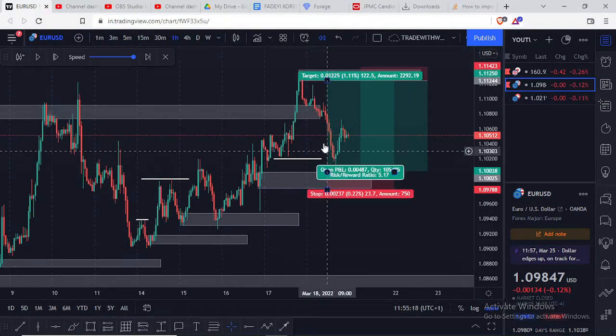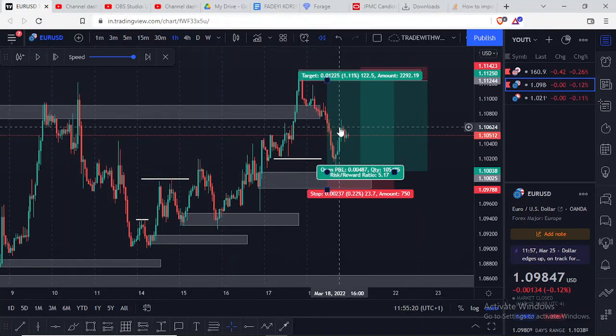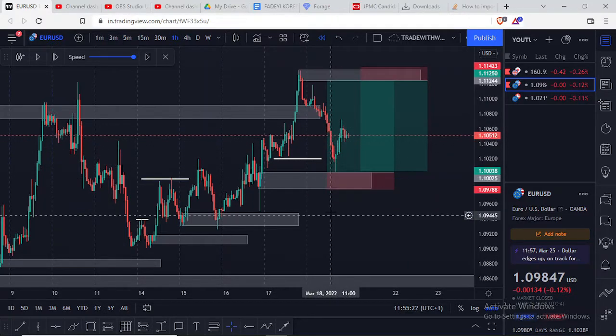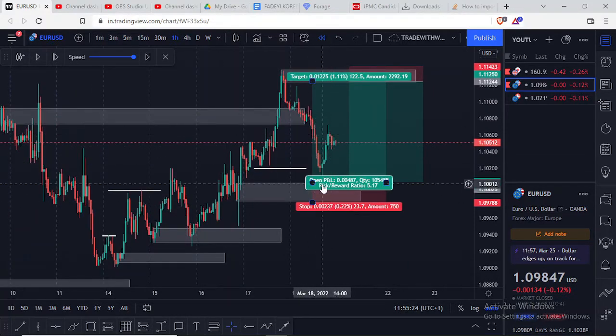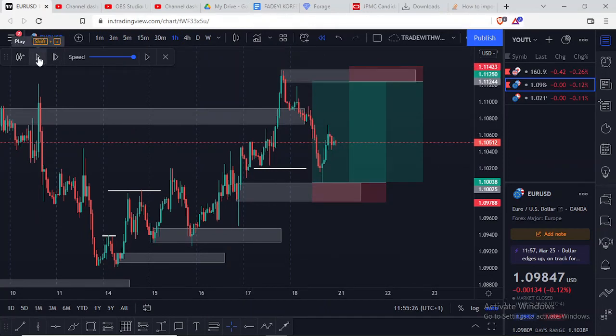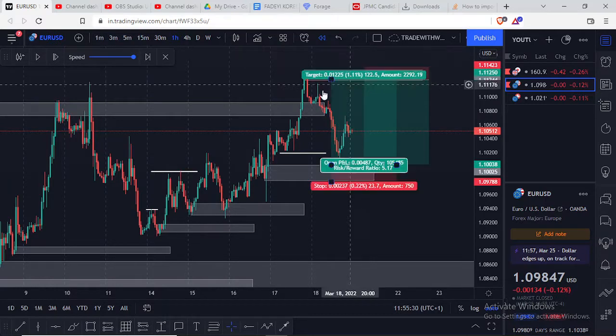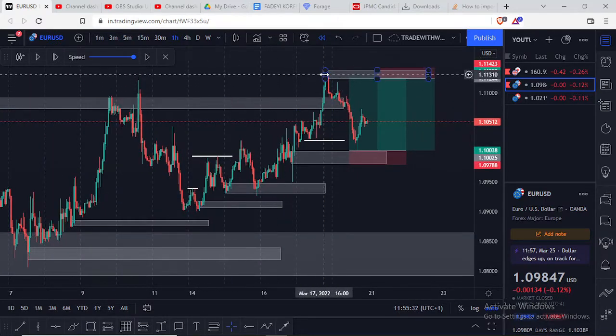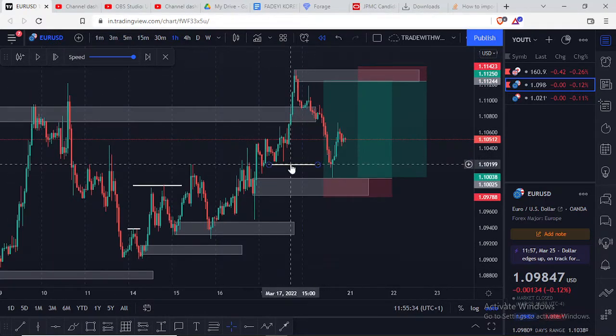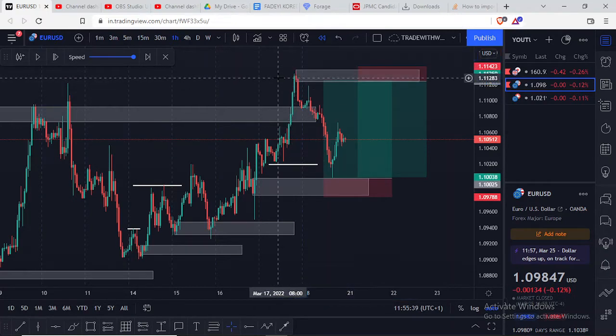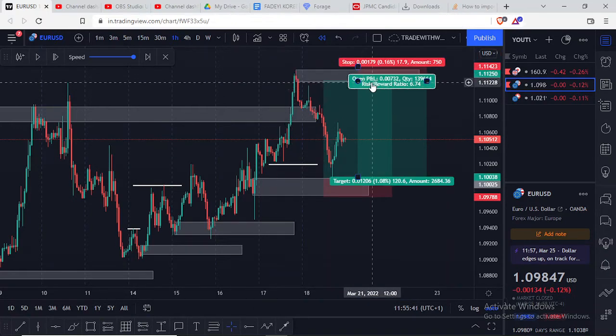So Euro USD had already tapped into this POI, if I remember clearly, last week Friday, and gave us little profits here. So I was expecting that, okay, if markets can buy up to this zone, because we're already outside this supply zone and we had the break of structure here, and this was the order block candle that caused the break of structure. So we're expecting a sell zone.